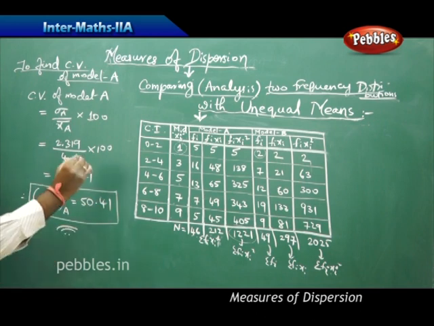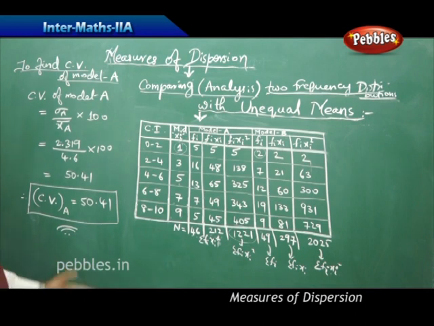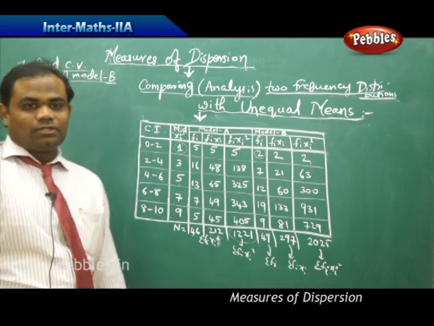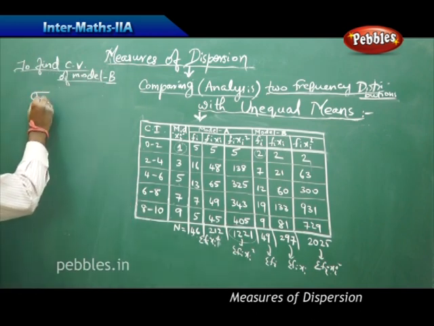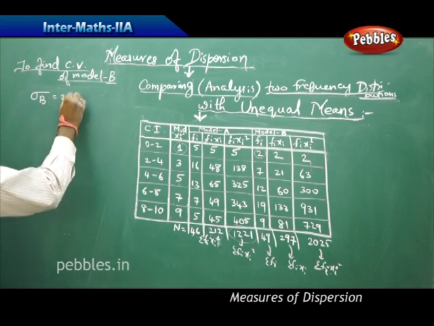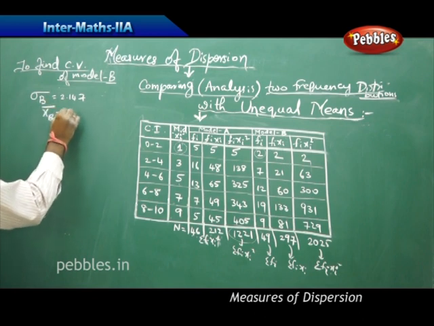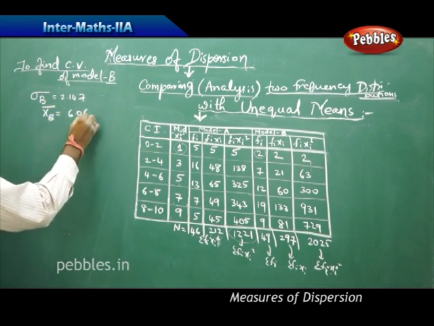Similarly, let's find the coefficient of variation of model B. We have the standard deviation of model B as 2.147 and the mean of model B as 6.06.